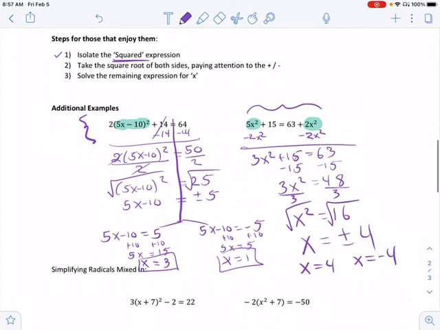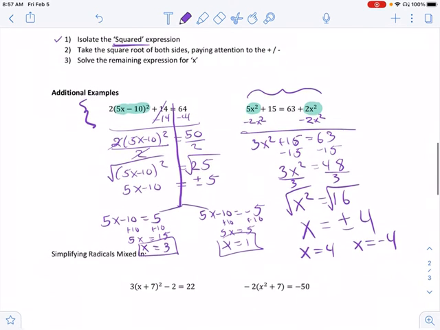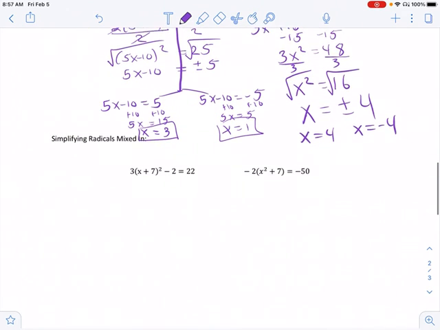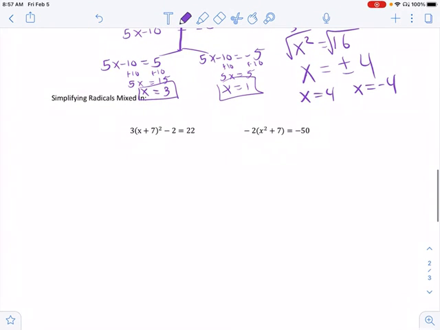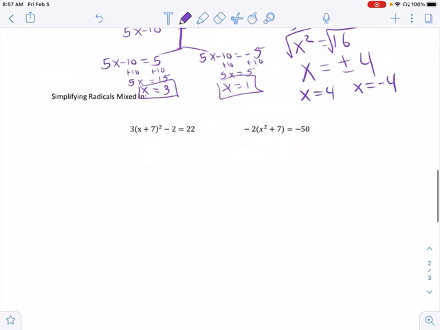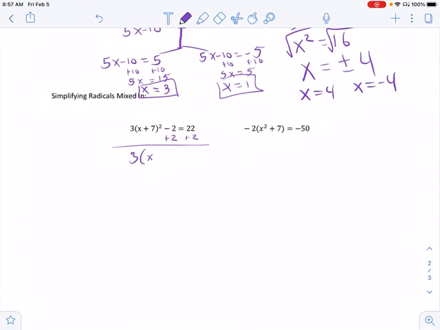So these are some nice cases where the square root works out to be even. I'm going to meander through these examples where we might get something that isn't a perfect square root. Okay, so isolating my squared expression, then I'm going to divide both sides by 3 here.